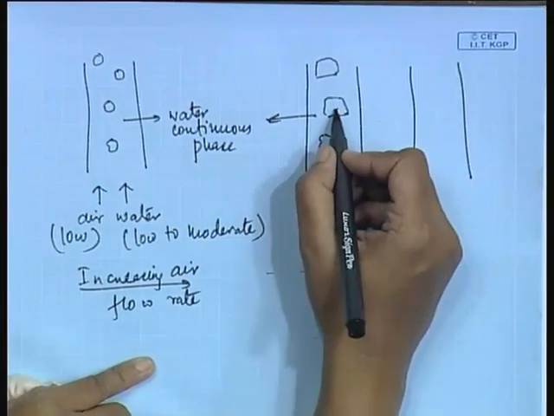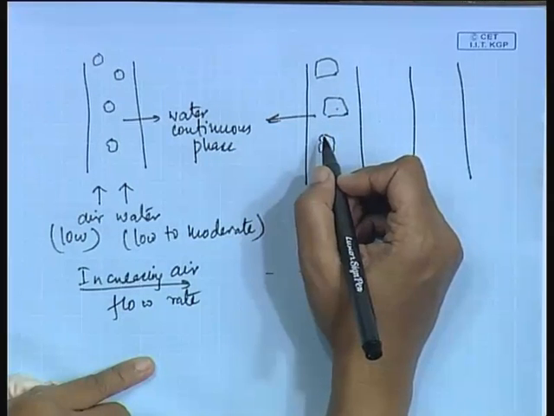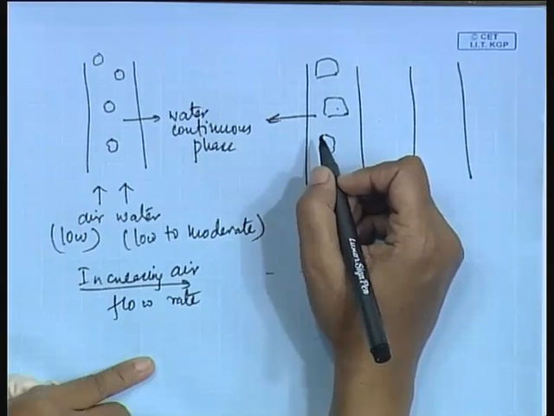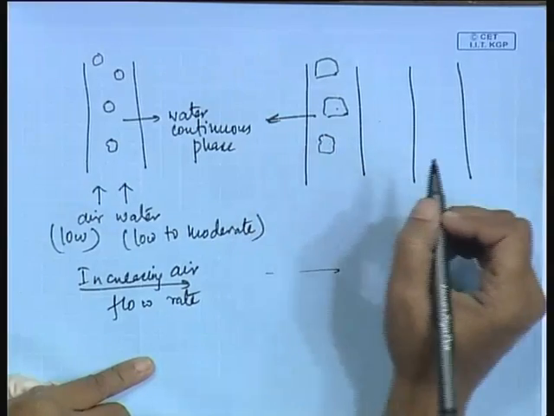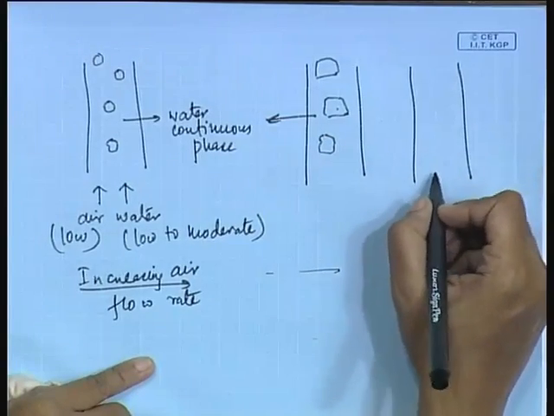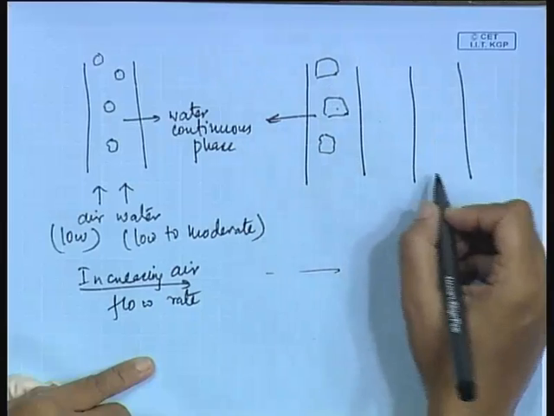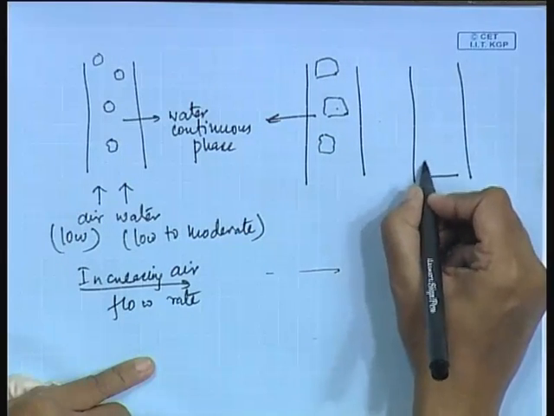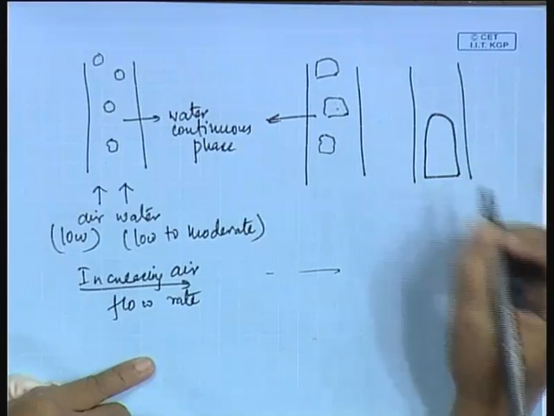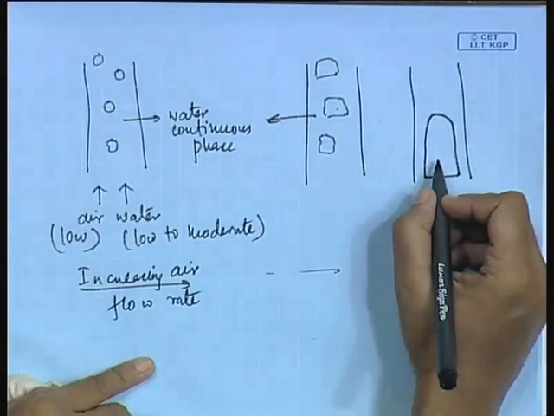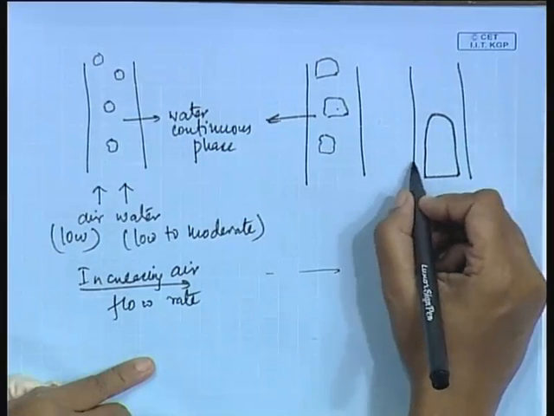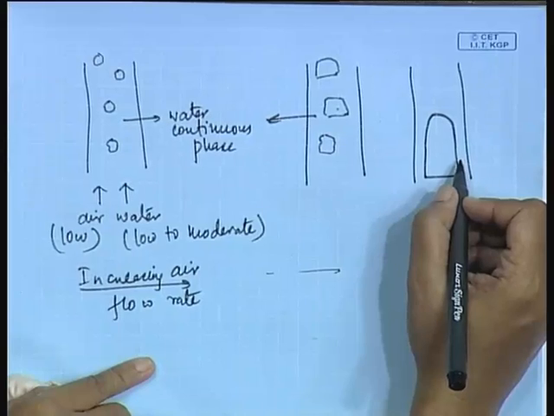These gas bubbles, their size as well as their frequency both increase, and finally a situation comes when they gradually coalesce and form elongated bubbles whose size is comparable to the tube diameter.